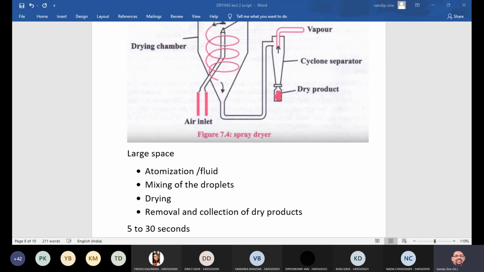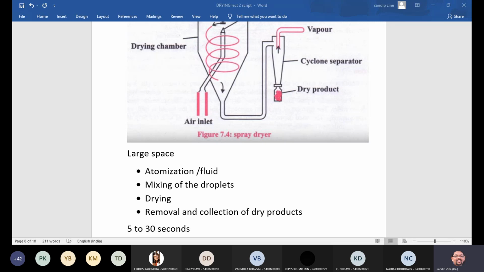So what is the role of the cyclone separator? The cyclone separator provides centrifugal force that throws the dried particles to the bottom, and the dried particles are collected in a bin. So that provides the centrifugal force for all the dried particles, so that they will be collected in a bin without wasting our material.